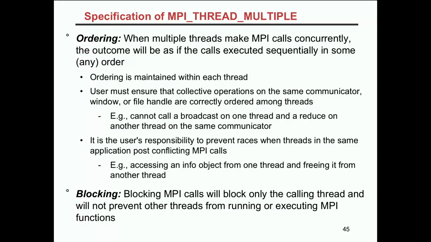You can think of it that way. You have to be able to think about different orders, but it's not going to be that in the middle of your MPI call, that thread will yield, and suddenly a different MPI call will start. They're serialized in some order, but you can't reason about which order. They'll be indivisible. And blocking means that if you make an MPI blocking call in thread 0, that doesn't block anyone else. Thread 1, thread 2 can continue doing whatever they're doing. That's fine.